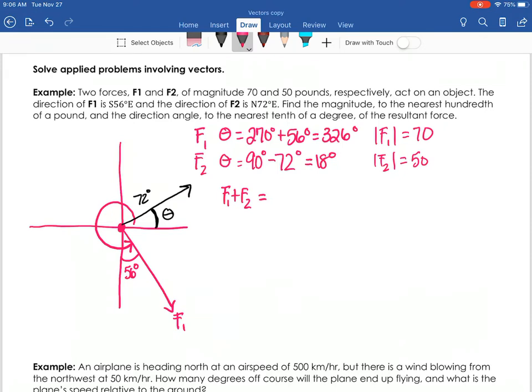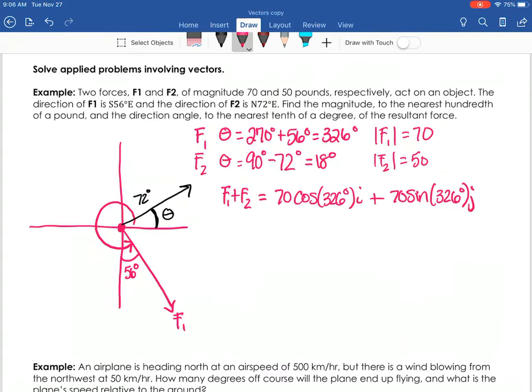That will be our resultant force. So for F1, to find my components a and b, that would be 70 cosine of 326 degrees i, plus 70 sine of 326 degrees j.